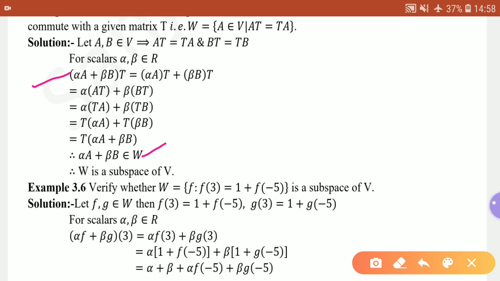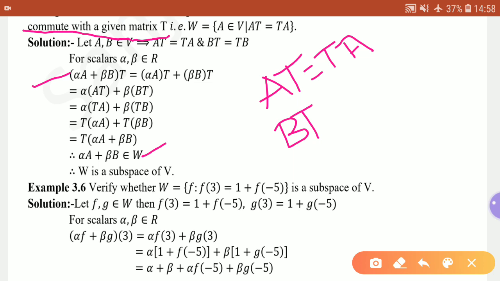So after operating this bracket on this T matrix, this is the multiplication of matrices, okay, and it is given that it commutes with the given matrix T. Commute with the given matrix T means when we take any two members of W, AT will be equal to TA, which means it follows the commutative law of multiplication with matrix T. So if you consider another element, it will give us BT equal to TB.